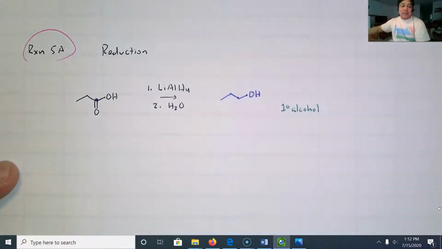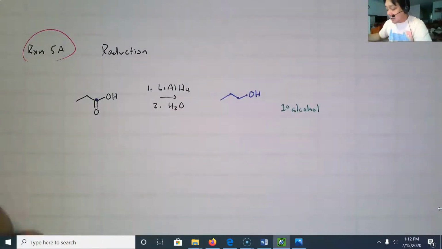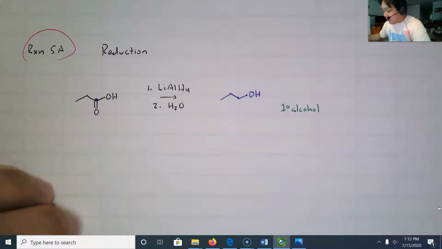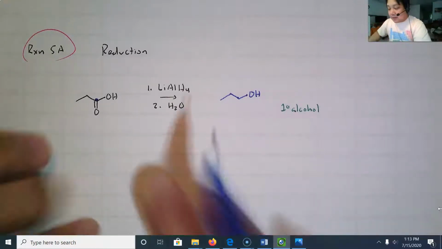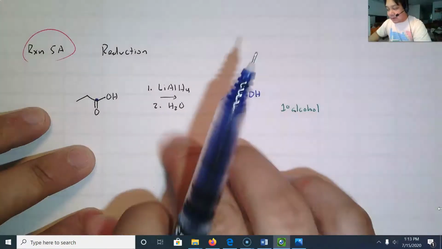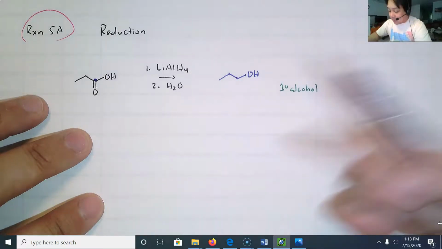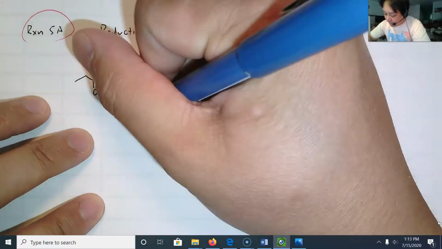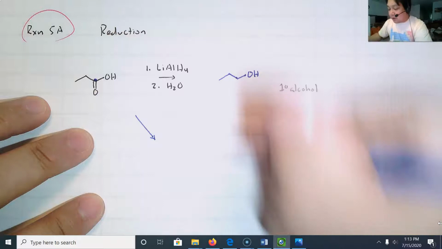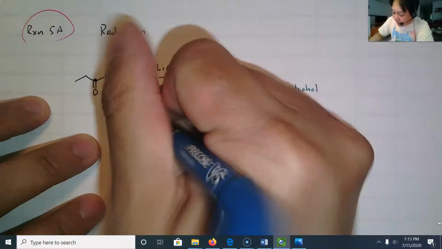I normally don't teach the mechanism, so I'm not going to teach the mechanism on the video. The thing that I do want people to understand is that this is, I think, the first example where there's a difference between LiAlH4 and another hydride reagent, NaBH4.